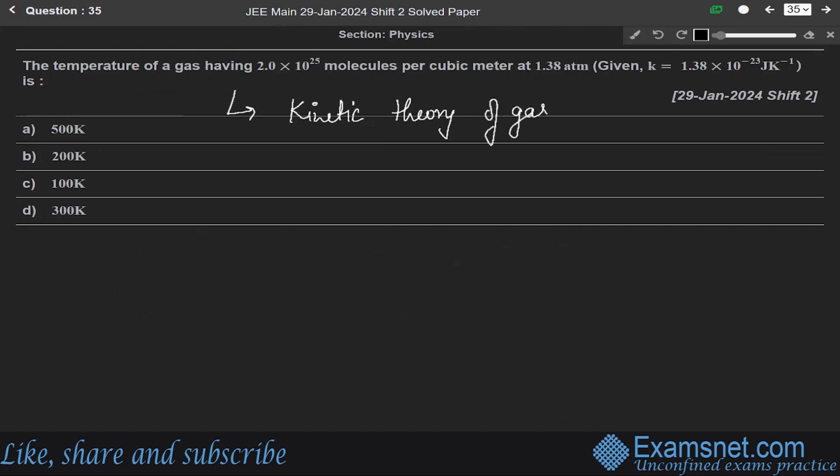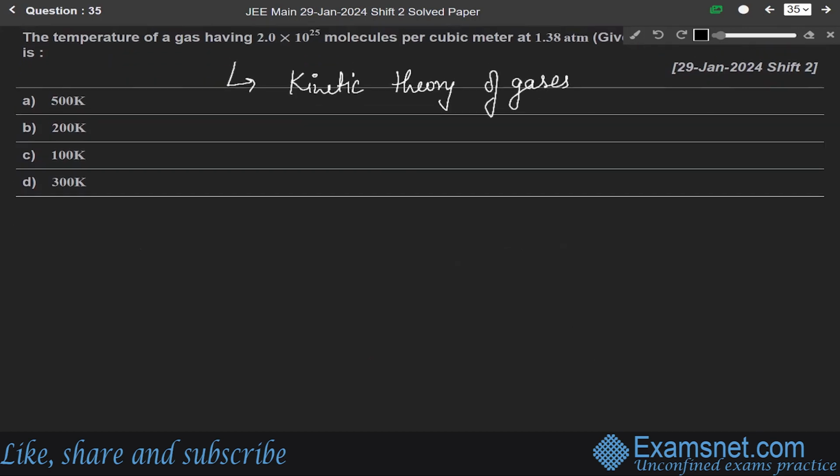Now, according to this question, we know that the ideal gas equation is given as PV equals nRT. So PV equals N, and how do we write this n? As N over Na, where N is the total number of molecules and Na is the Avogadro number, into RT.